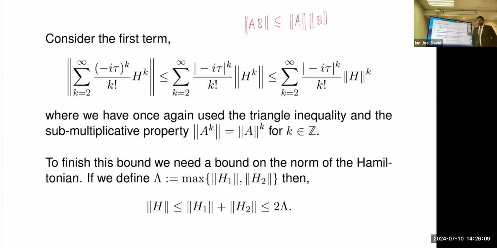We'll see next week that while this bound is a very nice trick to finding a bound on the norm of the Hamiltonian, it adds a factor of dependence on the number of terms in the Hamiltonian, which you sometimes do not want, depending on the system that you're studying. Because this means that the complexity of your simulation algorithm is now going to be dependent on the size of your system, which for very large systems is not efficient. But for now, this is fine as a bound that we're going to use, okay?